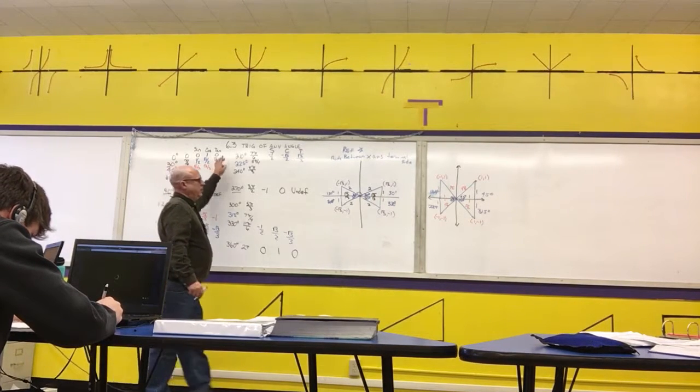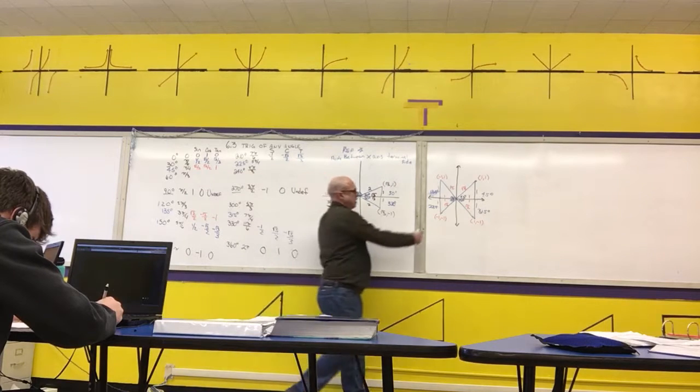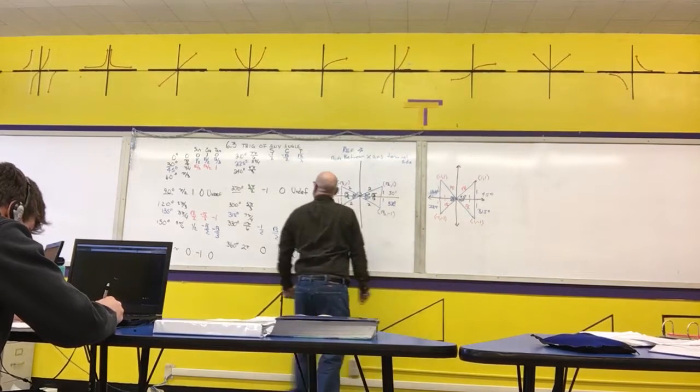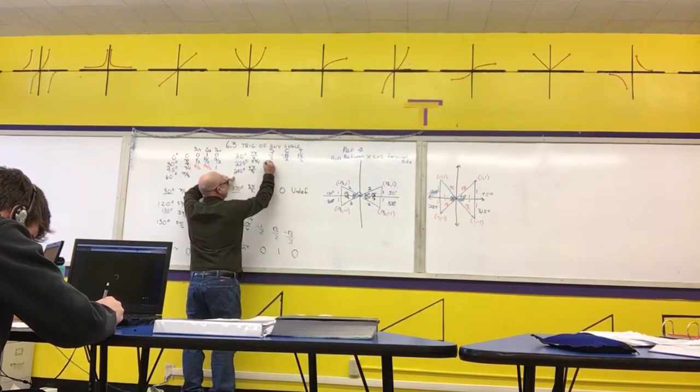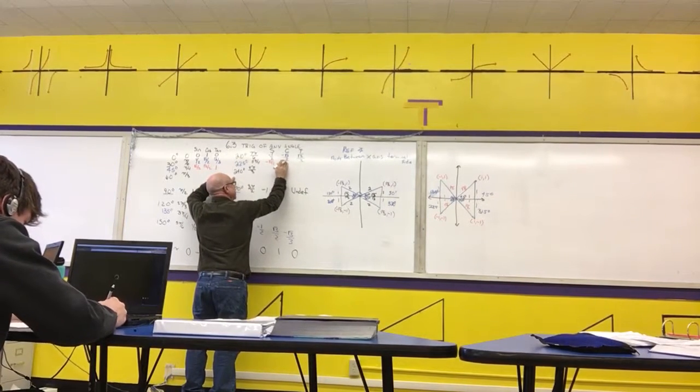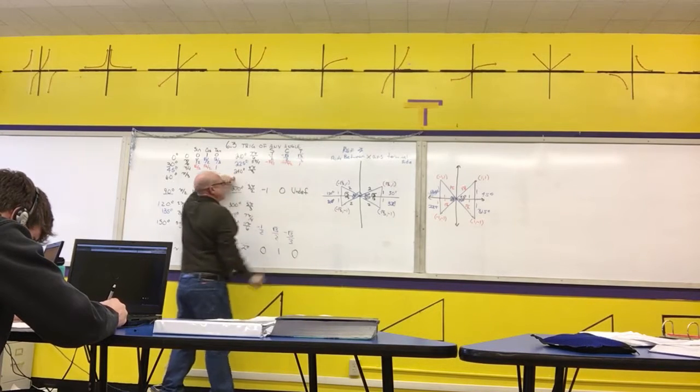For 225 degrees, negative sine, negative cosine, positive tangent.